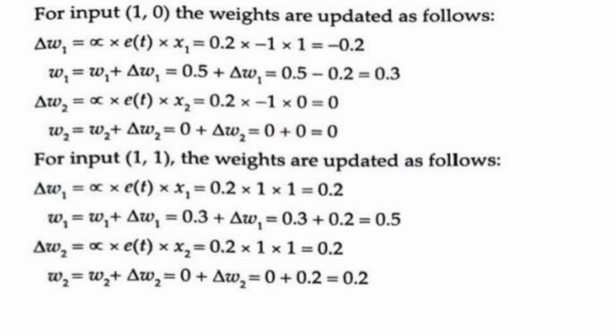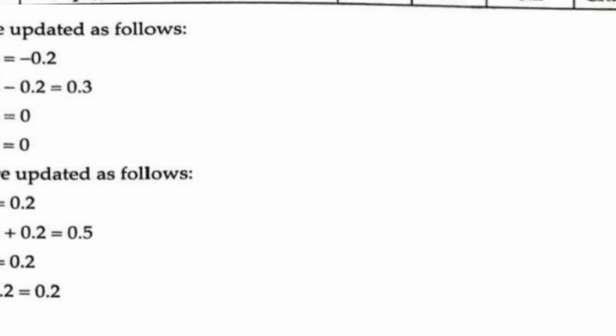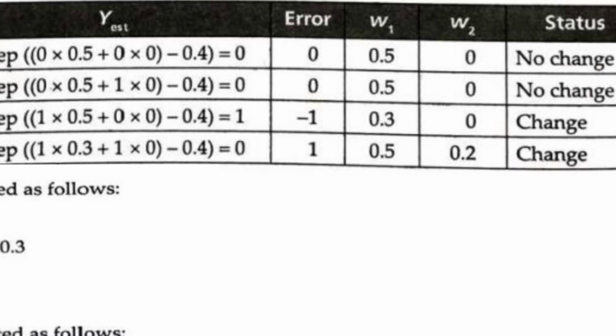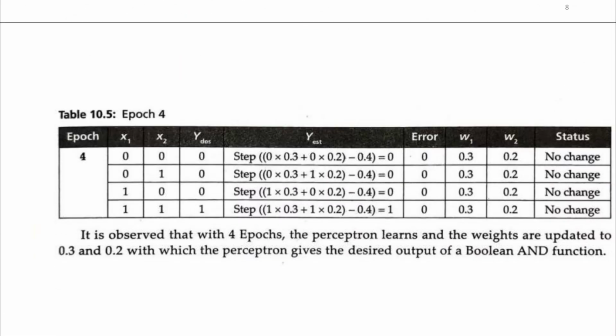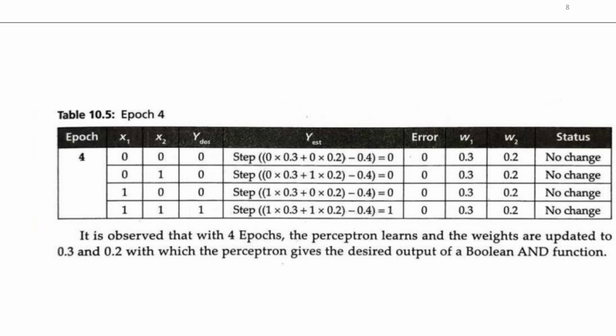Compute W1 by adding this delta W1. The same we repeat for W2. So that value will come here. Like this you proceed. So in one final time, in all these cases, no change is observed, and this is treated as the final answer.